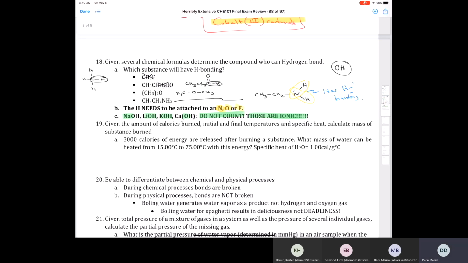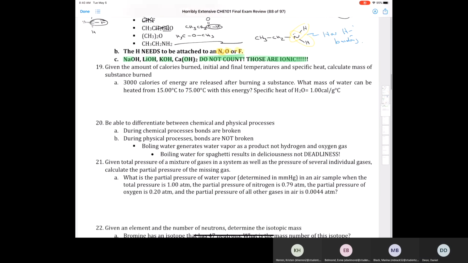Okay, let's move on and talk about calorimetry. This one here says, given the amount of calories burned, the initial and final temperatures of something, in this case it's water, calculate the mass of substance burned.